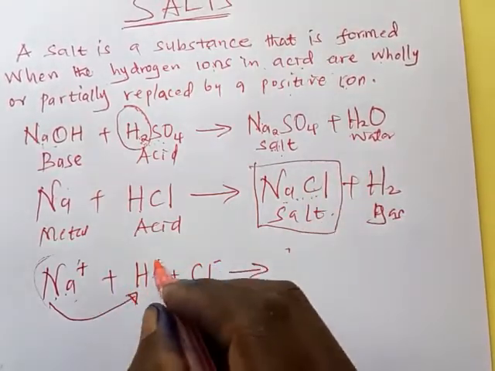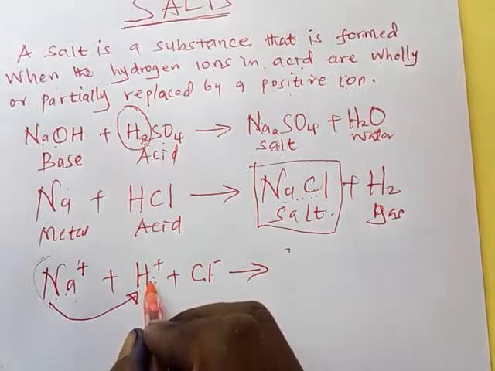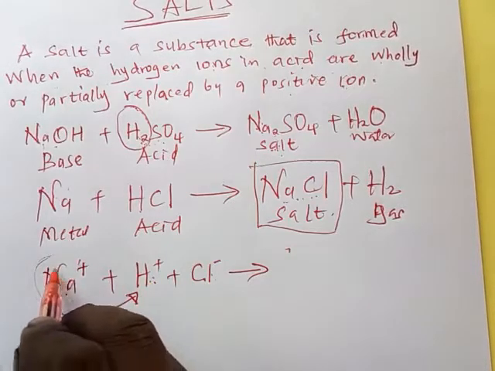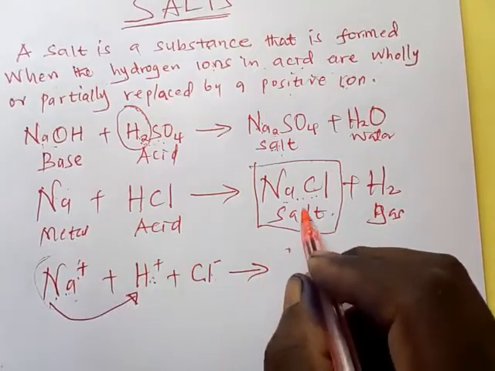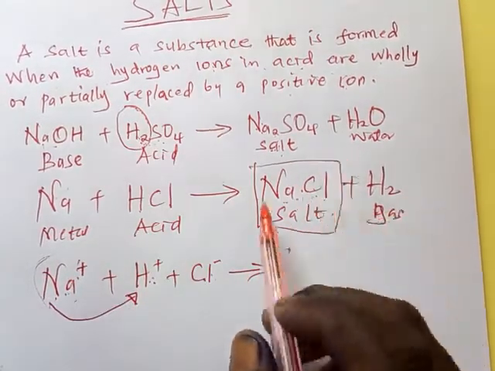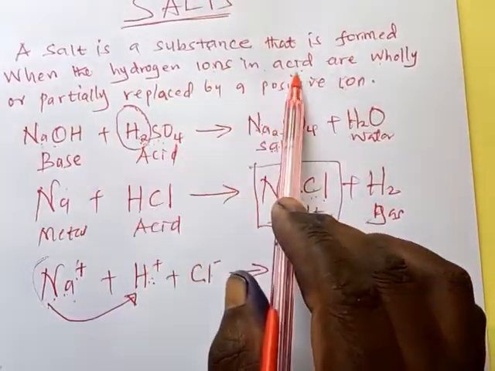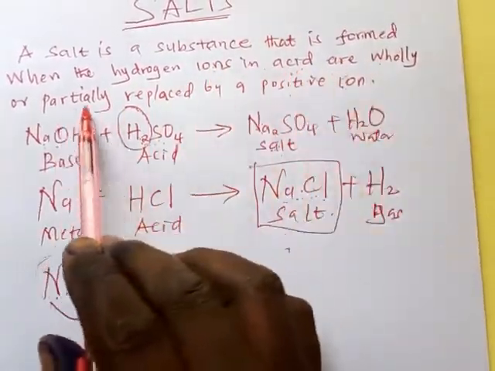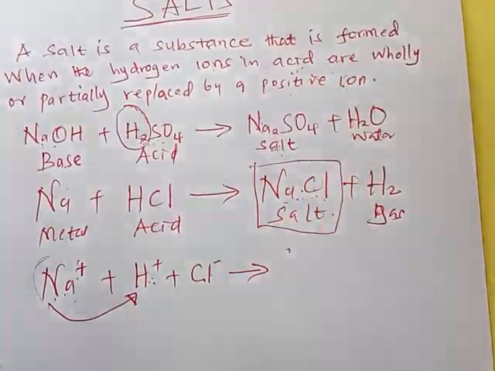The hydrogen ions in the acid have been replaced by the positively charged sodium ion, and then a salt is formed. So a salt is a substance that is formed when the hydrogen ions in an acid are wholly or partially replaced by a positive ion.